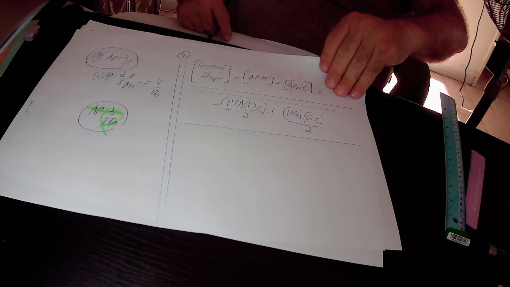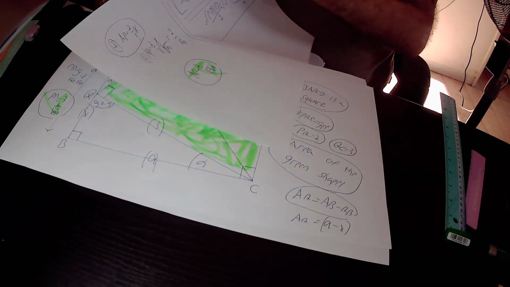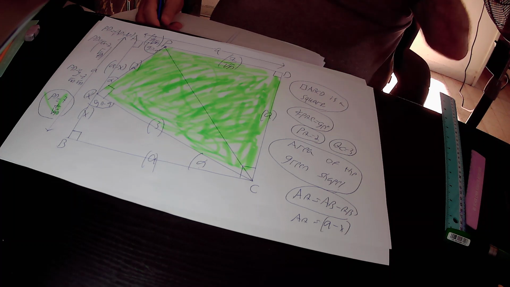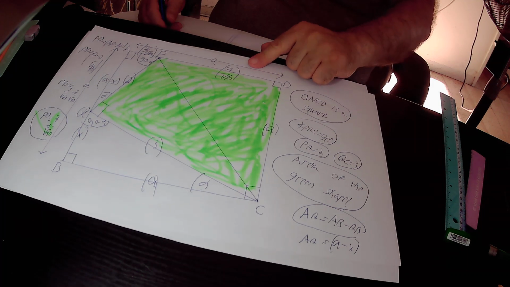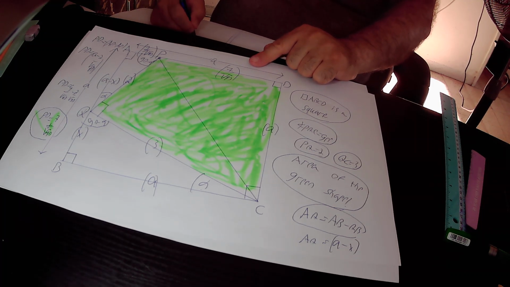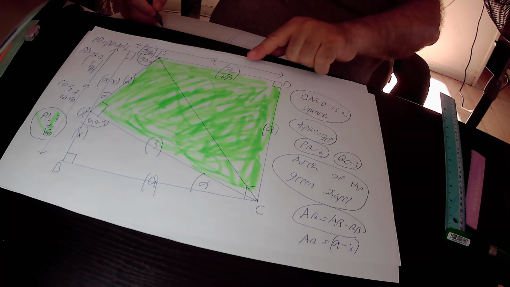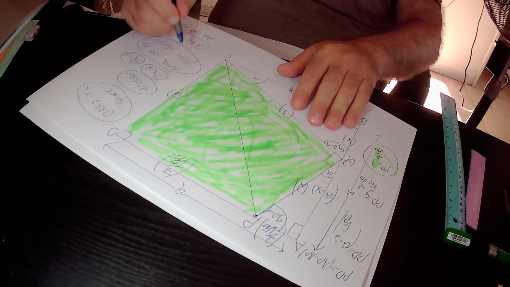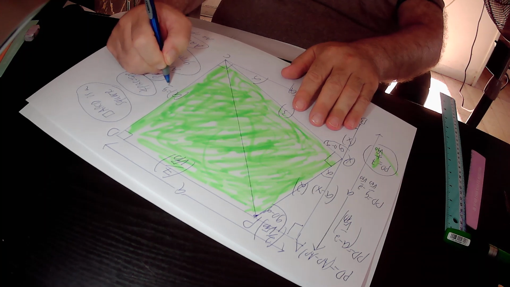So in total, the area of the green shape is equal to the area of the right triangle PDC, which equals PD, that is 7 over square root of 10, times DC. DC is A, and we already found out that A equals 9 over square root of 10 units.